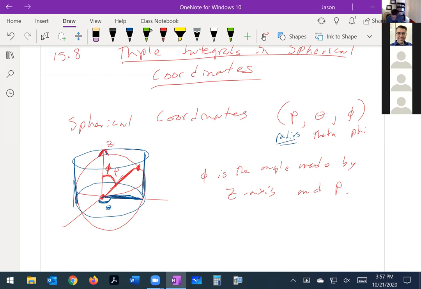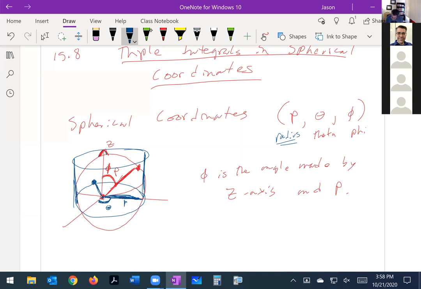So again, this is r. We're going to call this r, the radius of that great circle, or basically the radius of the equator. And then P is the one that goes out to the various points in space. Now, are they the same measurement? Sometimes they are. But think of this as, how would I get this point in space?